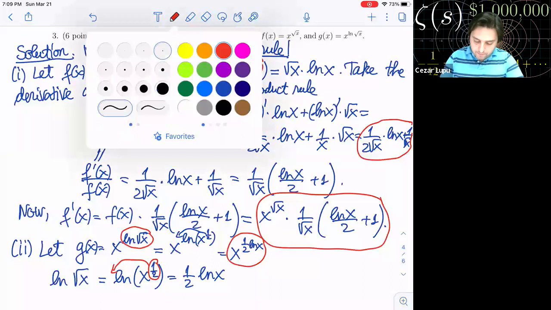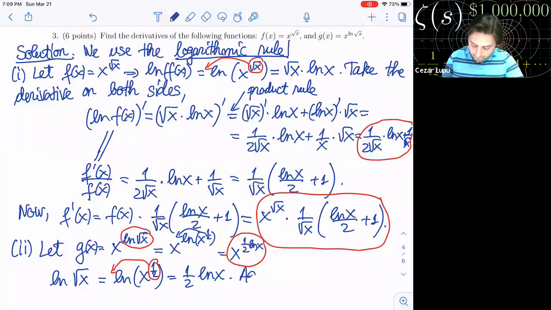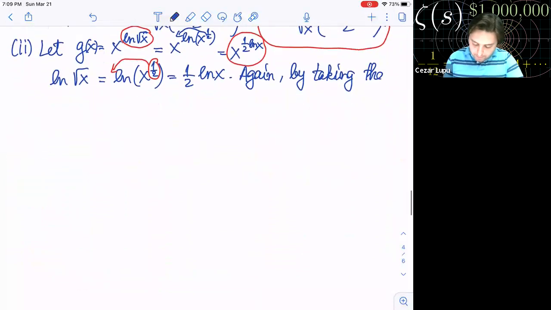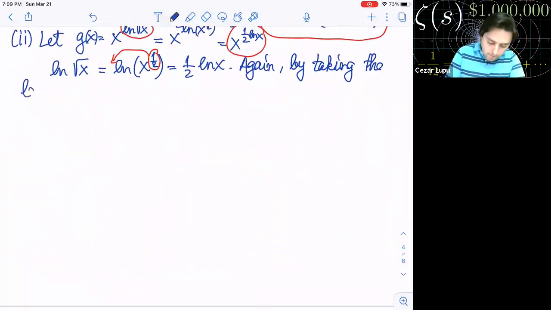So again, by taking the log, I'm taking the logarithm, and when I say logarithm, I mean natural log.